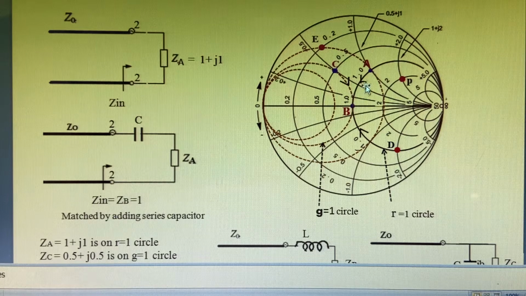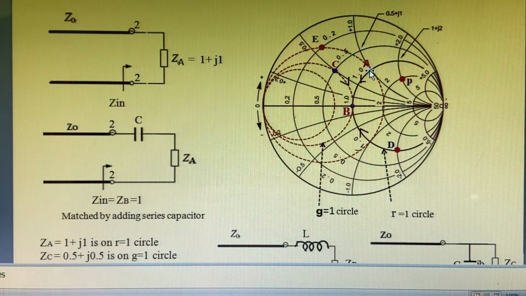If you move over a constant conductance circle from here, in the clockwise or anti-clockwise direction, we will not reach the center of the Smith chart. We do not reach this point.